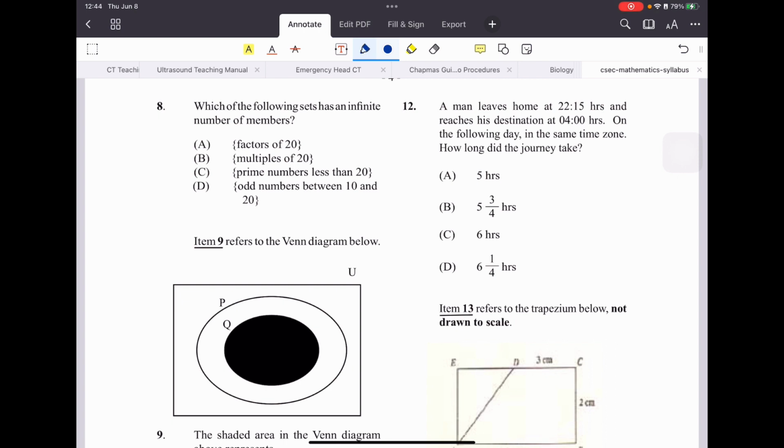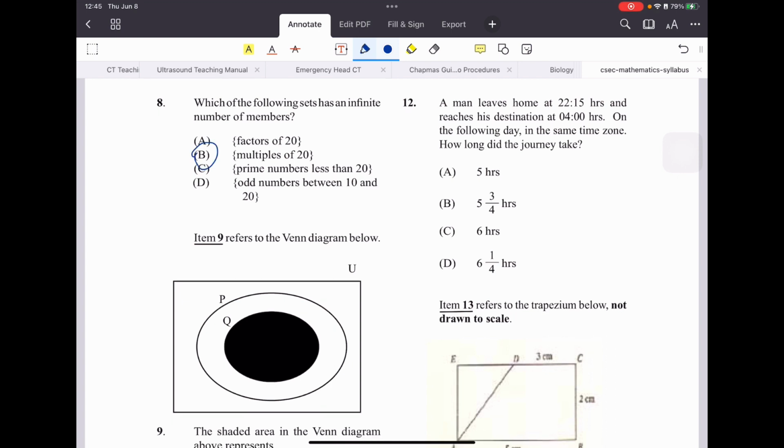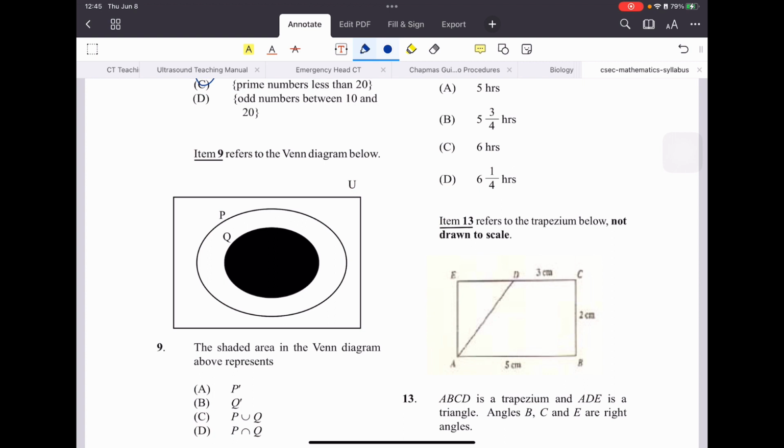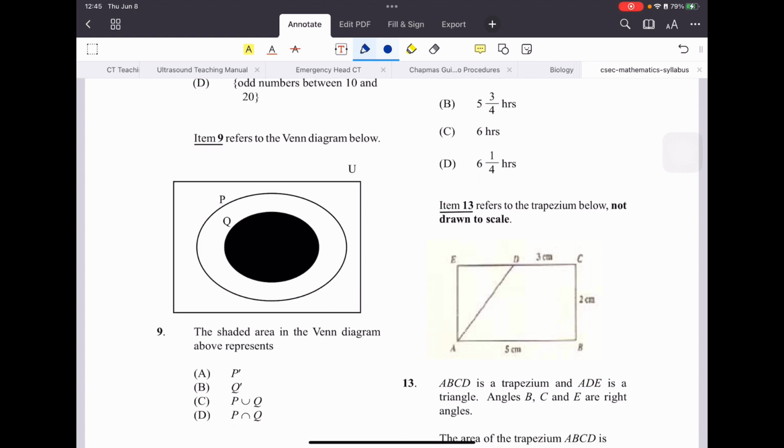Multiples of 20 means the numbers you could make going up from 20: 20, 40, 60, 80, 100, 120, and you could go all the way up to infinity. So your answer is B. Prime numbers less than 20, between 1 and 20, and odd numbers between 10 and 20, obviously those two are finite.